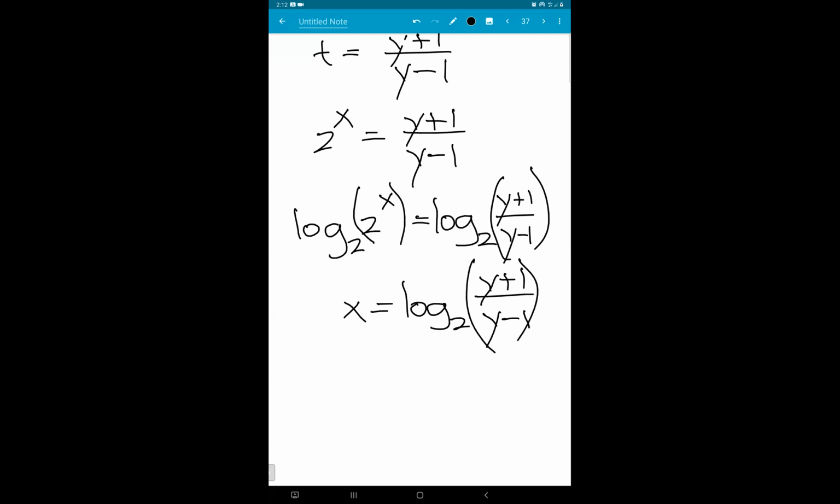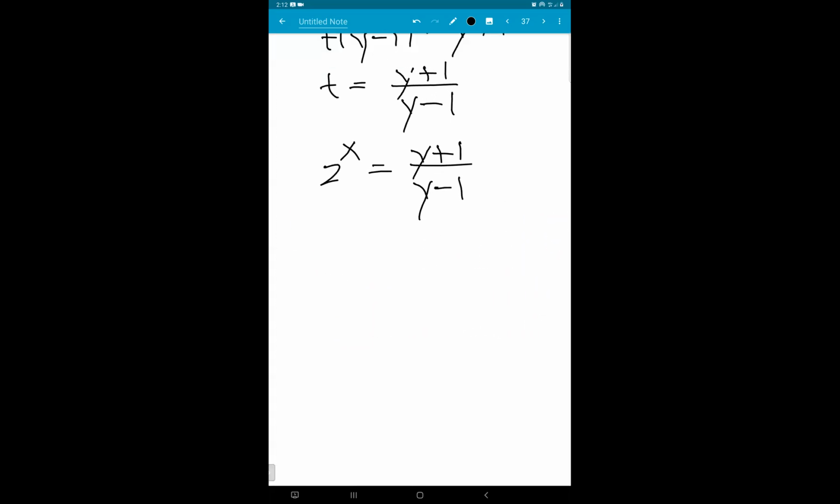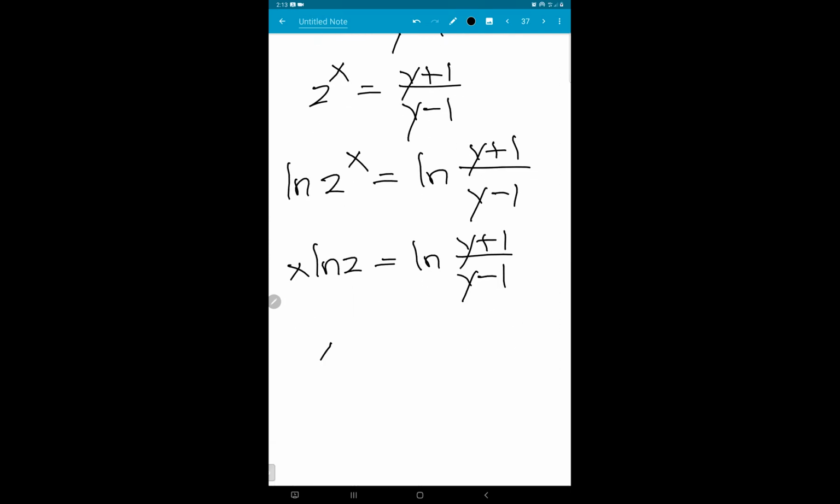Instead of using base 2, base e was used. How will that work? You take ln, and remember, you can bring down the exponent. And so you have x also in terms of base e.